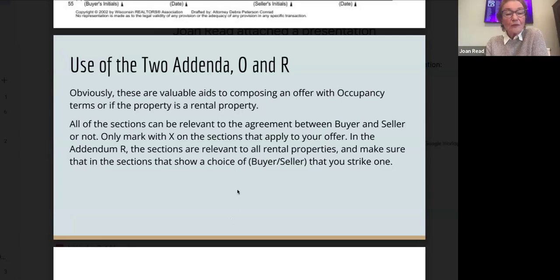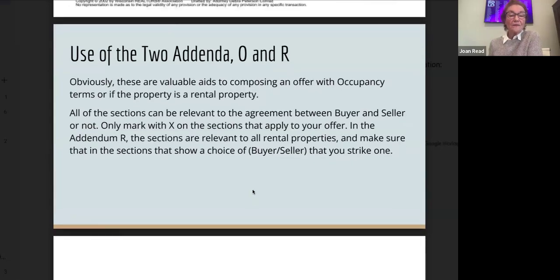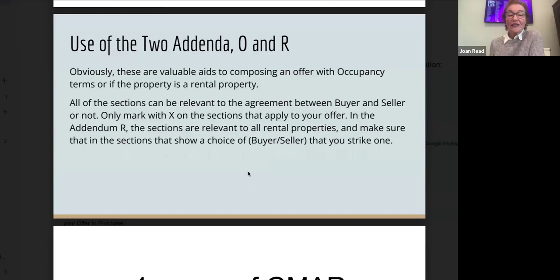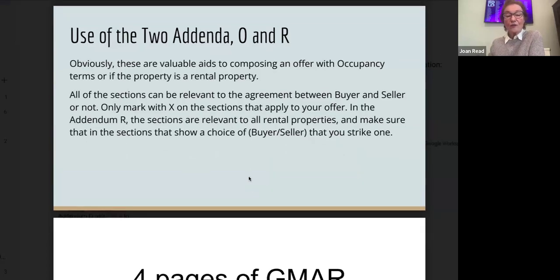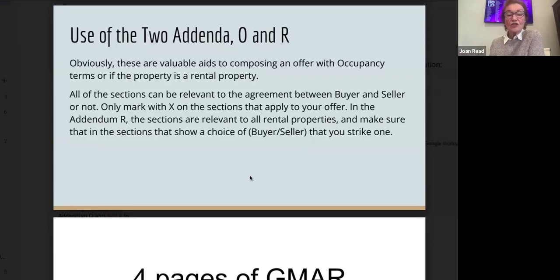All of the sections can be relevant to the agreement between buyer and seller or not. Only mark with an X on the sections that apply to your offer. In the addendum R, the sections are relevant to all rental properties. Make sure that in the sections that show a choice of buyer or seller, you strike one of those.